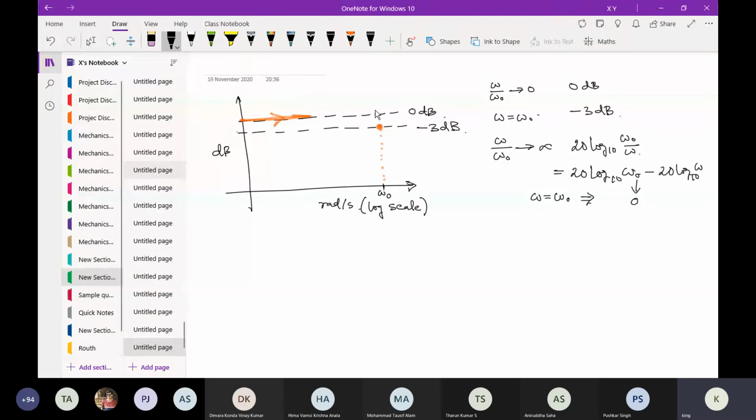So at omega is equal to omega 0, it has 0 dB. And what is its slope? It is 20 per what we call a decade.